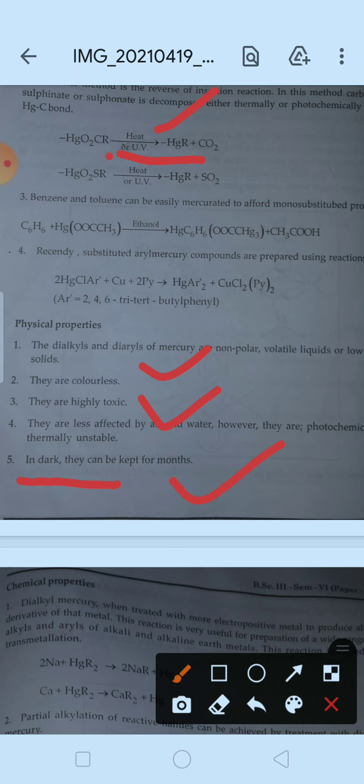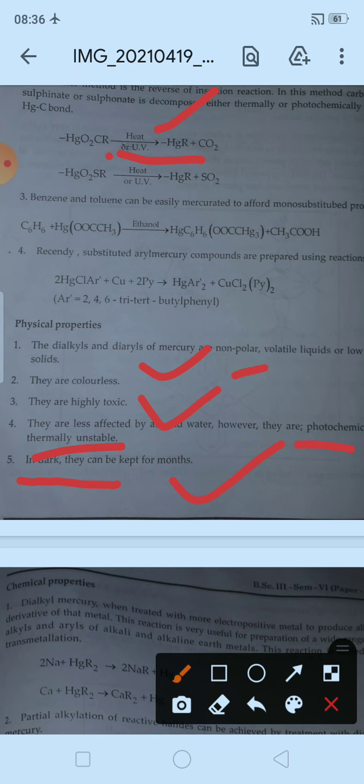It hardly affects its nature. Again, it is less affected by water, but it is photochemically and thermally unstable. That means it is showing reactivity in presence of heat and light. So these are some of the physical properties that are shown by mercury compounds.